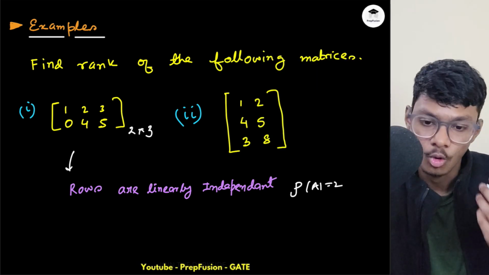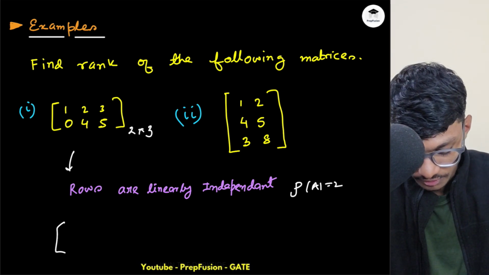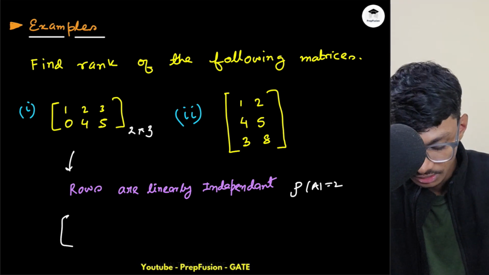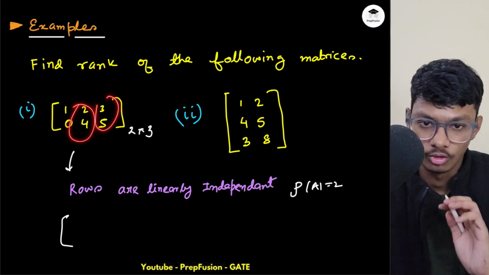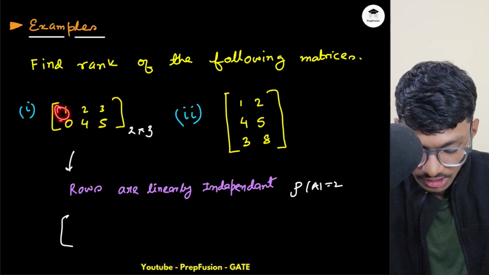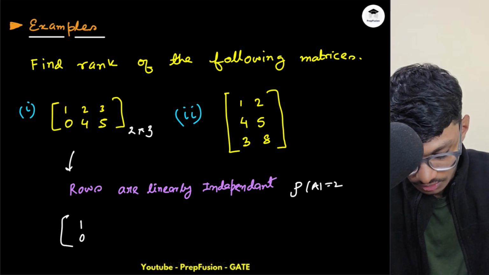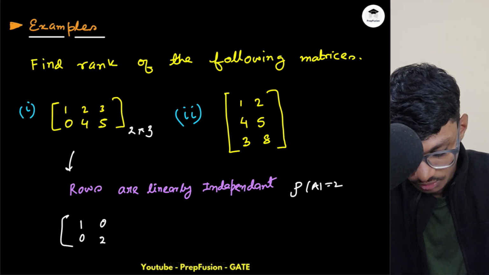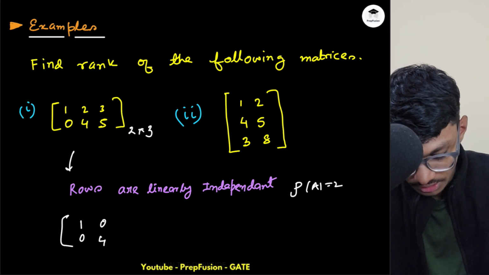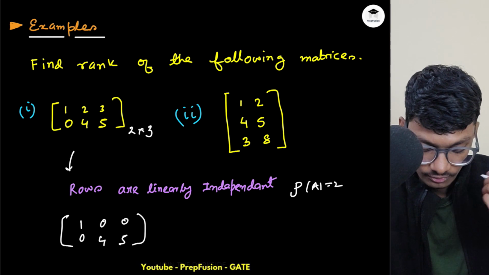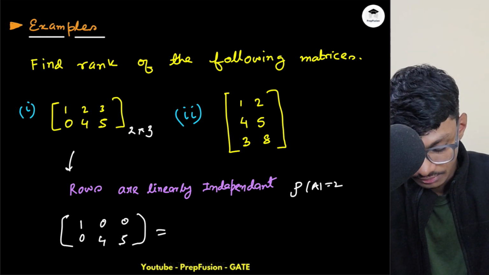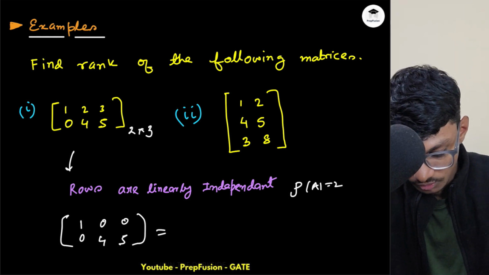But let's see it from the column point of view. If I see it from the column point of view, I can try to make all zeros. If I multiply by 2 and subtract, and multiply by 3 and subtract, what will I get? This will be 0, this will be 4, this will not change, and this will be 0 and this will not change. What did I do here?